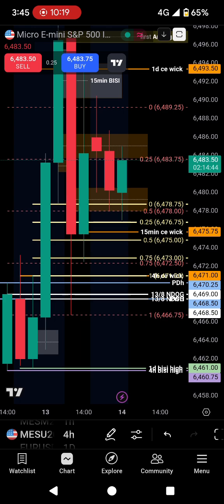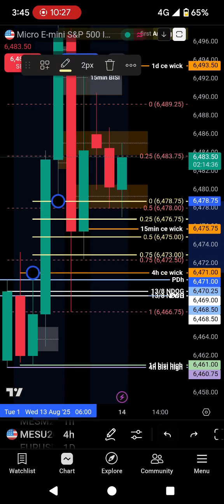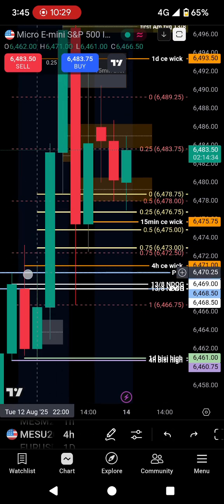The 4 hour BC coincides with this 4 hour CE wick.